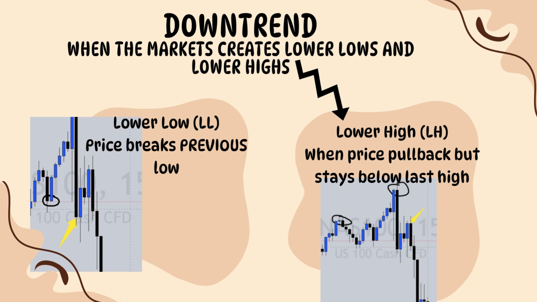The reason I circled the one that's furthest to the left is because it gave more confirmation of it being a lower high, because it stayed below that other high that was once created in the past. I truly hope that's making sense.